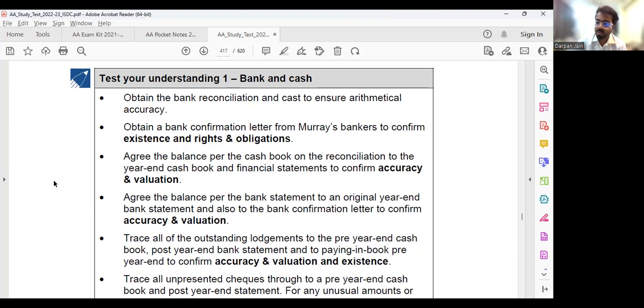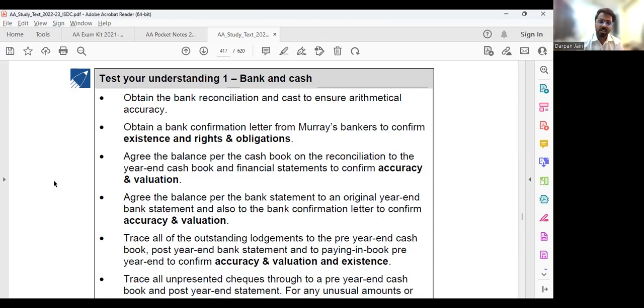That amount should match with the cash book of the company, and it should match with the amount reflected in the financial statements, the amount shown in the balance sheet as cash in bank.